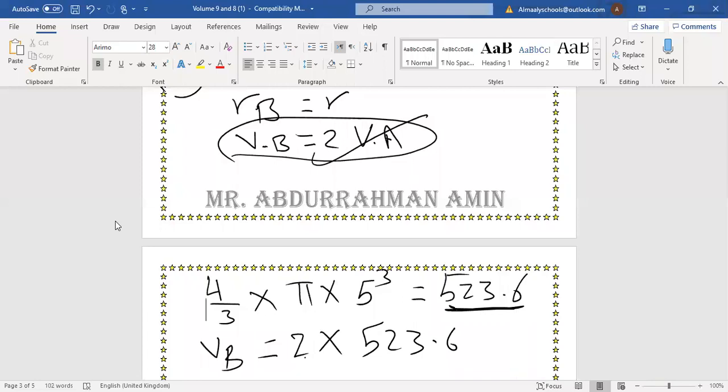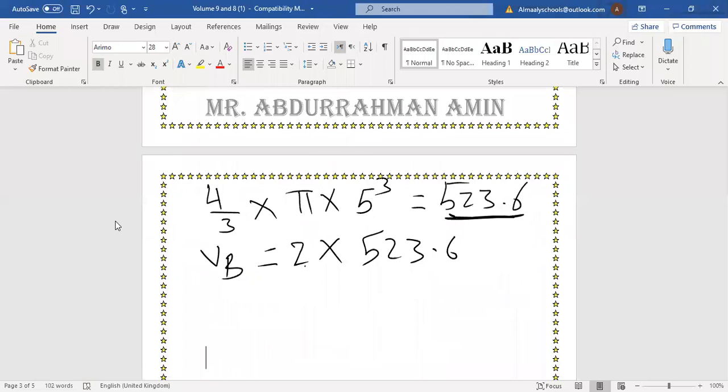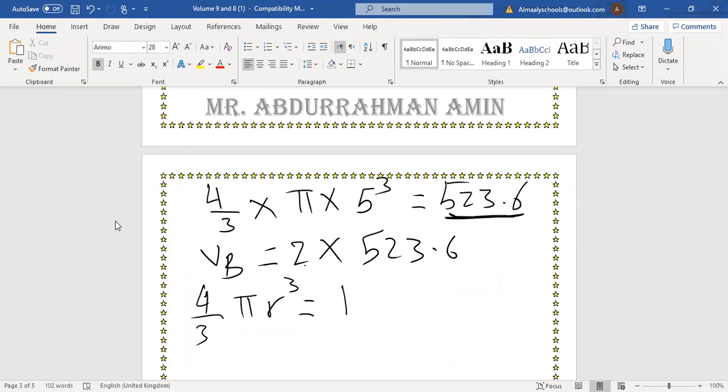No. But the volume of B equals 4 over 3 pi R cube, and it will be 1047.2. Now we will divide by 4 over 3, then divide by pi, then find the cubic root to find the radius of sphere B.